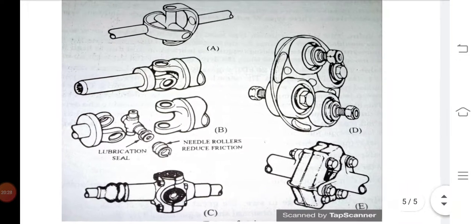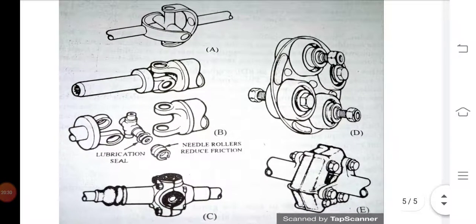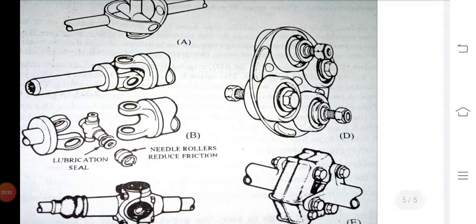So in the D picture, that is the layrub type of joint. This type of joint was first introduced by the Layrub company, and it is constructed with a series of rubber bushings.